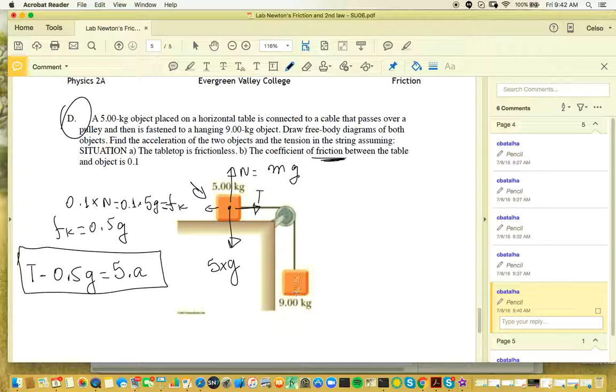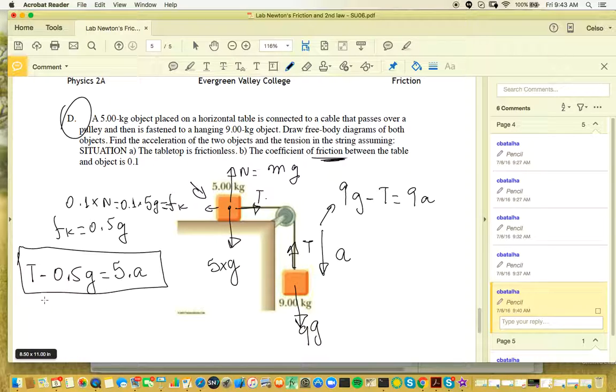Then you go to the falling block. The forces on it are 9g and the tension that has the same magnitude as this. The direction of motion is down, you have an acceleration, so when you apply Newton's second law in here, 9g minus T is equal to 9a.